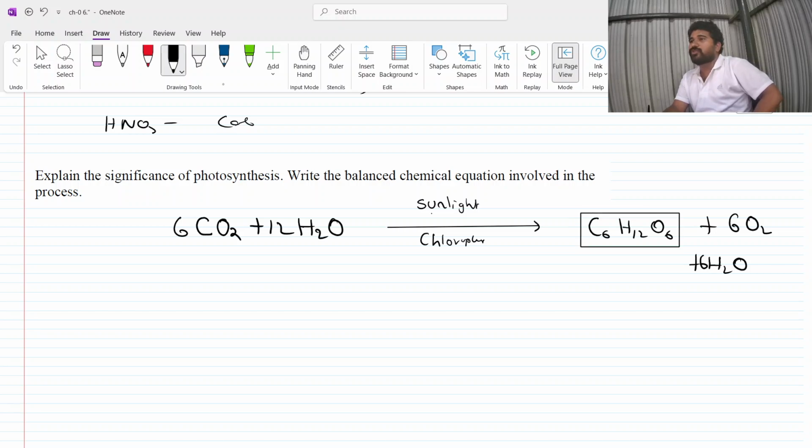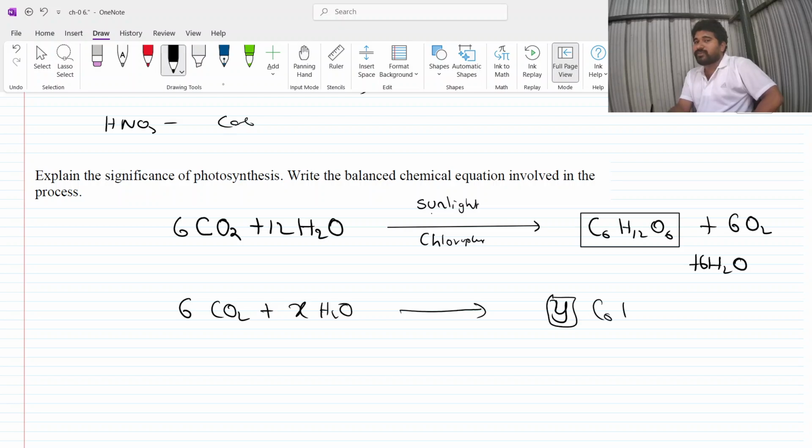Now, how many glucose is forming in this? Only one. They may ask a question: 6 moles of carbon dioxide reacted with how many moles of water to produce how many moles? Like they will put like this: 6 moles of carbon dioxide, X moles of H2O forms Y moles of C6H12O6 plus 6O2 plus 6H2O.